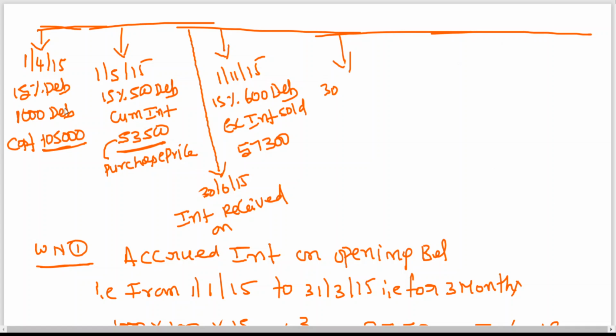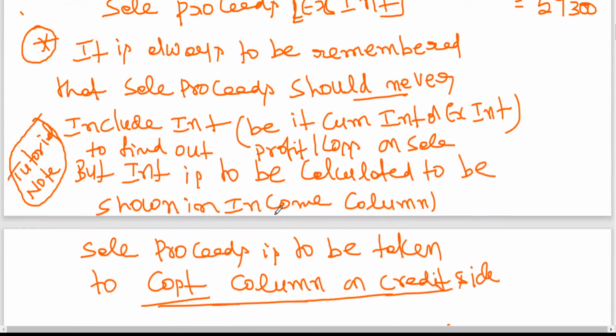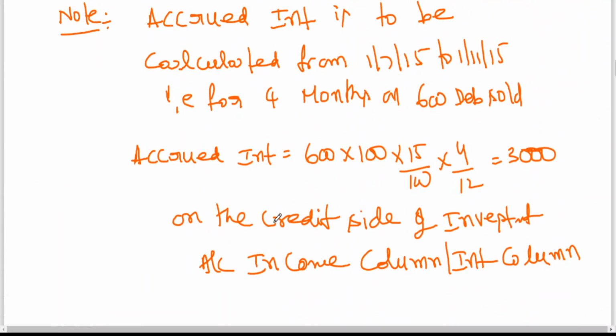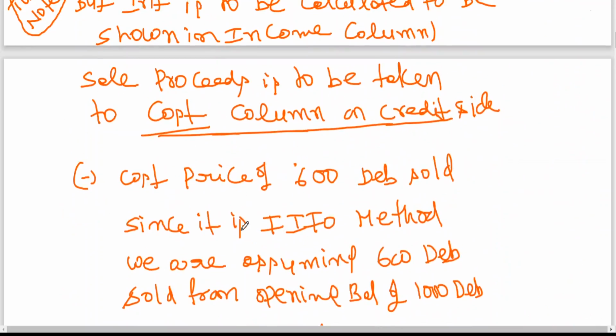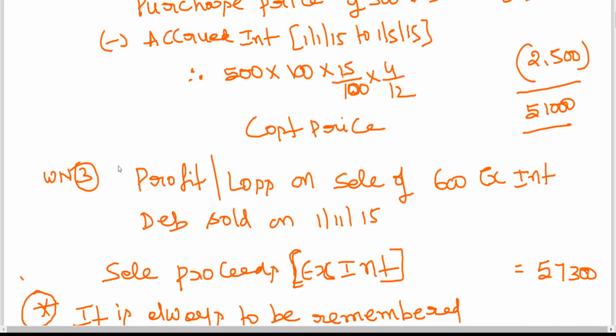As on that date, how many debentures are there? 1000 plus 500. On 1500 debentures it is to be calculated. Okay, we can write a separate point. That is the case. Working notes, better you make it the fourth one. Okay.